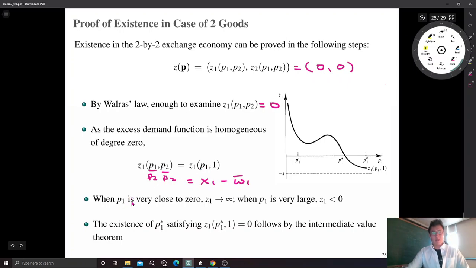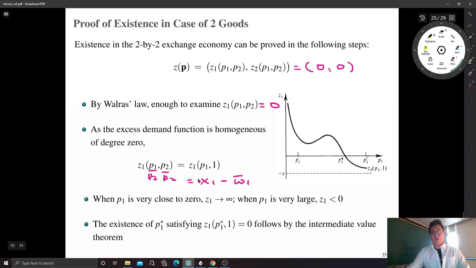So if p1 is very close to 0, so the price of good 1 approaches 0, what happens? We can easily anticipate the demand for the good diverges to positive infinity. This demand will be very high, so it will dominate the initial endowment. So z1 will tend to positive infinity. And if p1 is sufficiently high, then it will reduce the demand for that good.